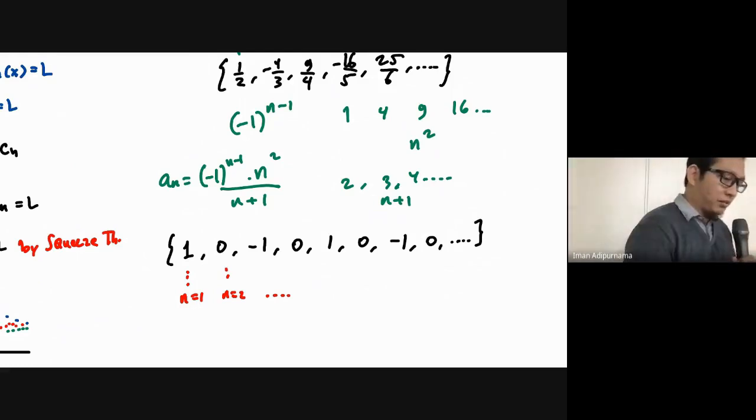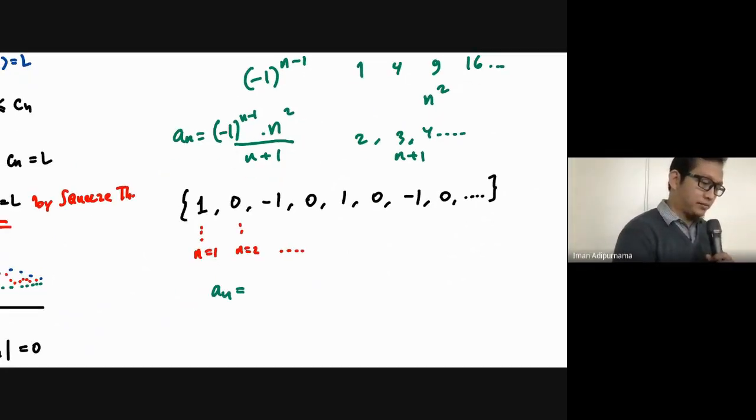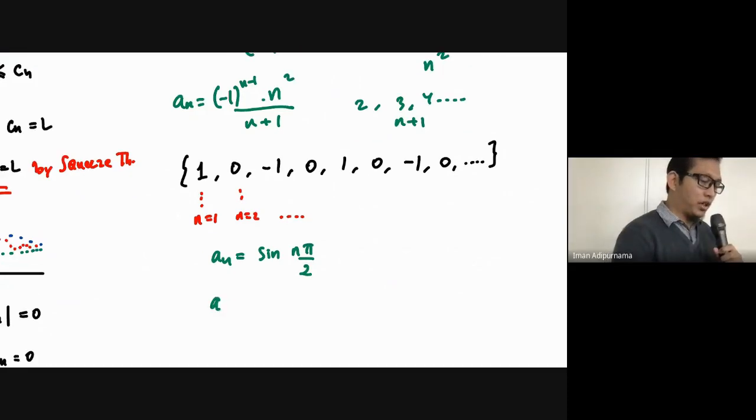So that's also something we can conclude in sequences. Maybe I can write AN, because the first one is +1, as sine of n pi/2, right? If you have n equal 2, sine pi is 0, right? Or you can also write it in terms of cosine, so I need to modify it.